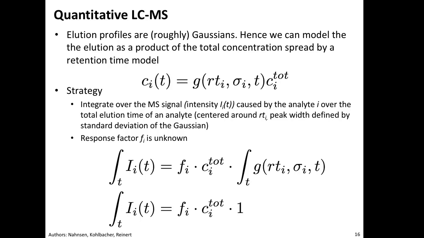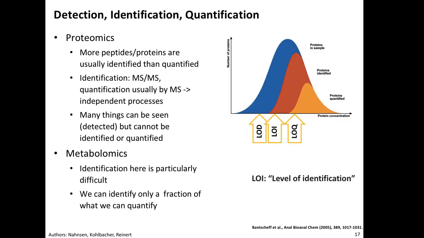Now, what can we actually quantify? When we're looking at proteomics, we often see that we can identify more proteins than we can quantify. So why is that?